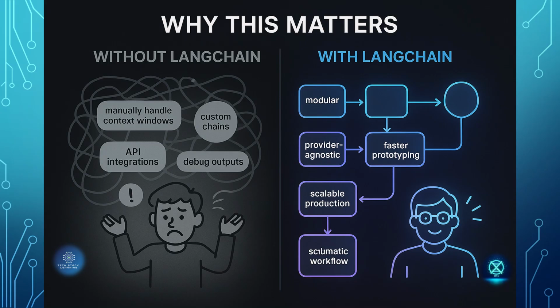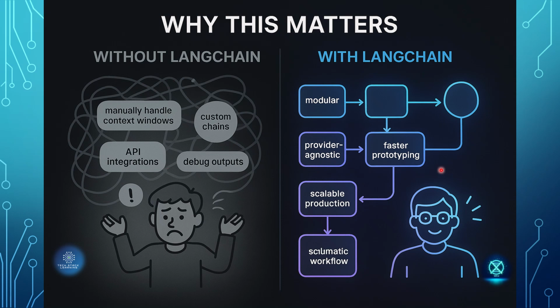Okay, now let's see why LangChain matters a lot, right? Without LangChain, we would have to manually handle the context windows, manually write chains, integrate the APIs manually, or debug manually, right? It is very hectic and involves a lot of manual coding and integration effort.